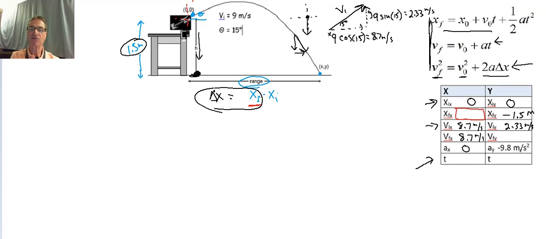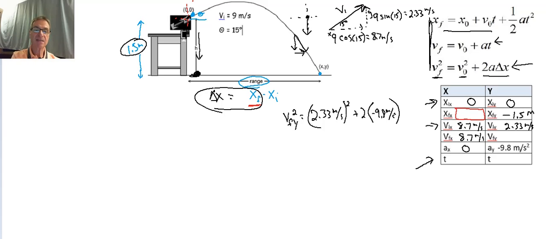So let's take the third equation to find the final velocity in the y direction. v final in the y direction squared equals v initial in the y direction squared. Well, v initial is 2.33 meters per second, so we're going to square that. Plus 2 times a, which is negative 9.8 meters per second squared, times delta x.